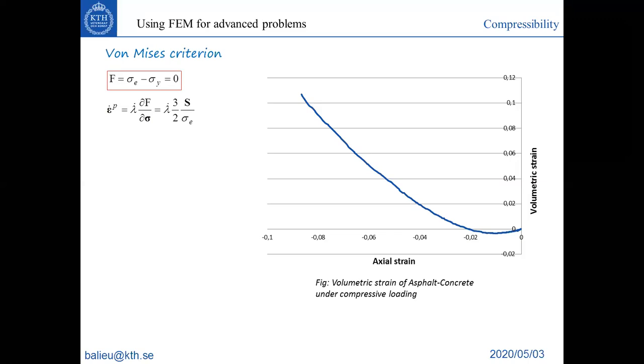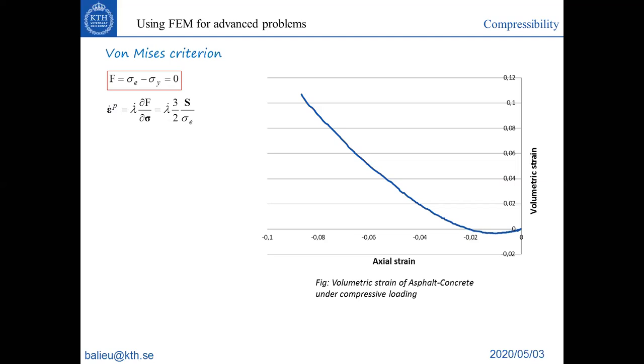The yield was only to determine when the plasticity starts, but after that you have an evolution of this plasticity, how the viscoplastic strain evolves. That's why here it was epsilon dot p, the evolution of viscoplastic strain.